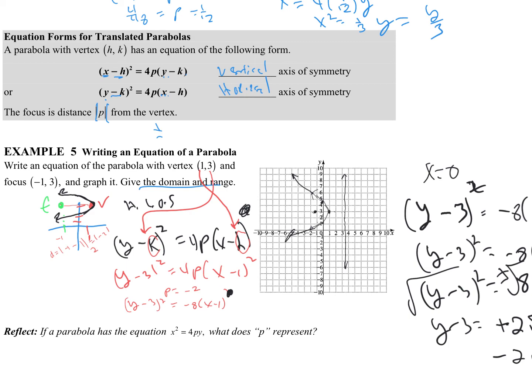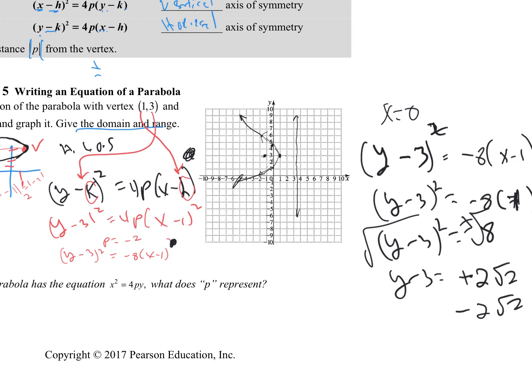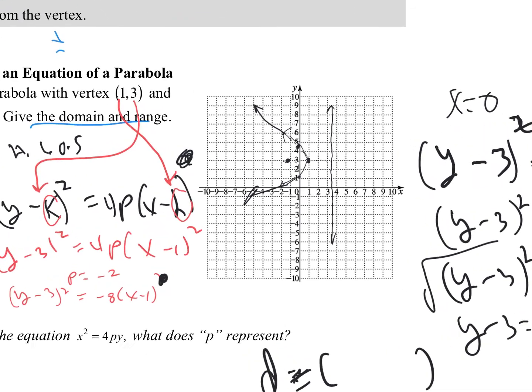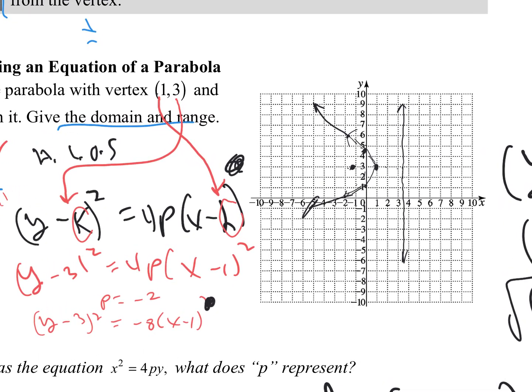I didn't answer the domain and range, which should be old hat, guys. Domain will be the set, well, let me just go, that x value was a 1 right here. Starts here, and we got to go everything to the left.